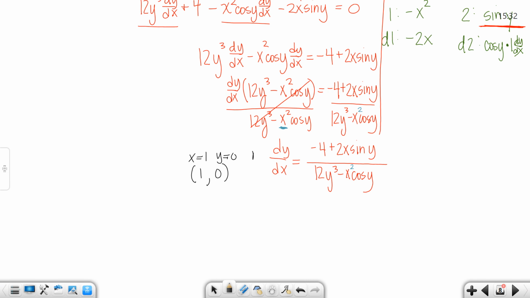So let's plug that in, and of course, that's your slope. So my slope would equal negative 4 plus 2 times x sine of y over 12 times y cubed minus x squared times cosine of y.